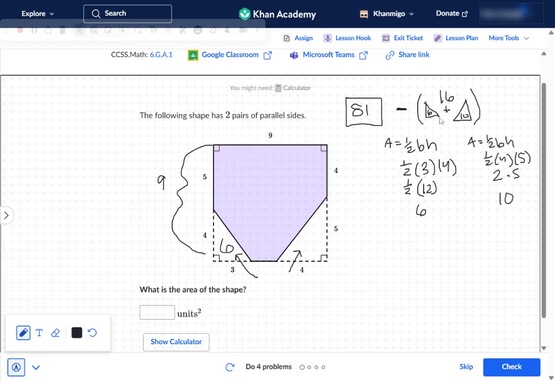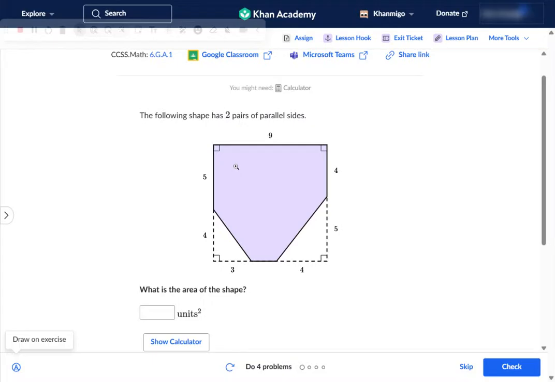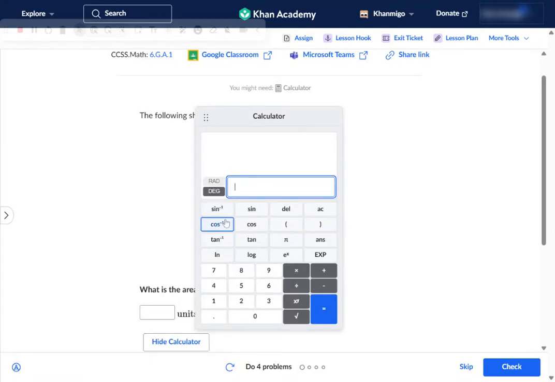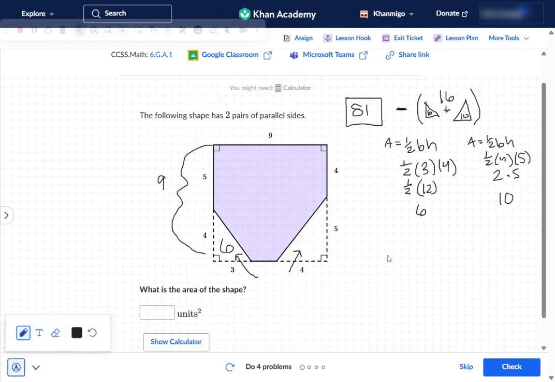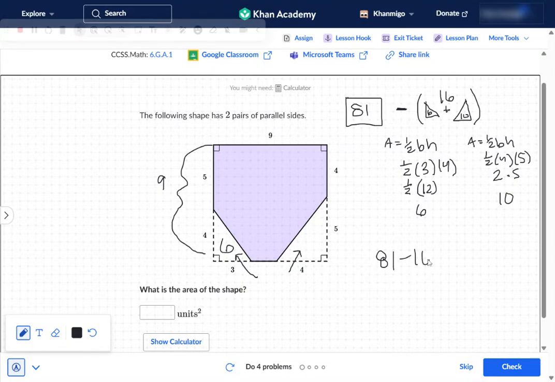So this is 16 total. We're going to do 81 minus 16 to find what the shaded region is. So 81 minus 16 is going to be 65.